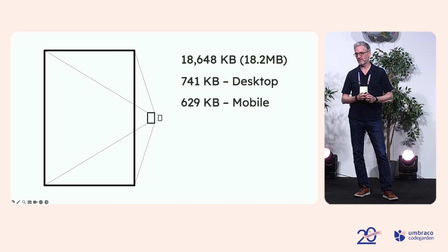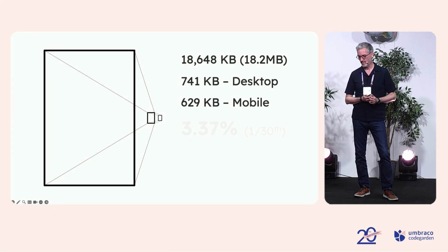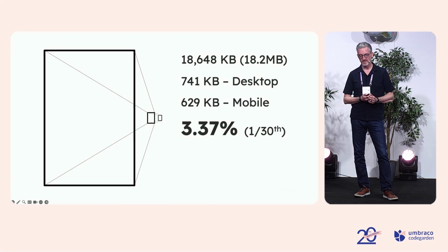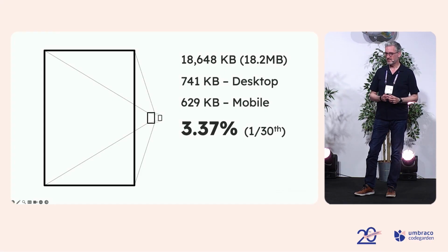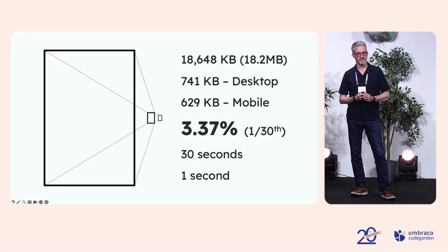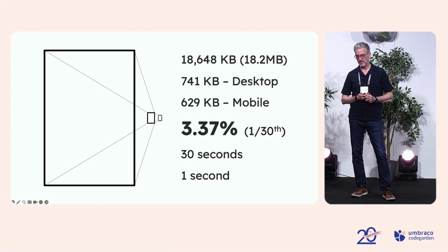On a mobile, it came down to 629K because the images needed were a bit smaller. And you end up sending just 3.3% of the data that we sent before we did the resizing, a 30th of the size. So I know this isn't linear, but let's just say that our original page took 30 seconds to download. We're looking at something in the region of a second now instead. So a 30th of the time can be really relevant, particularly when it's on a slow connection.